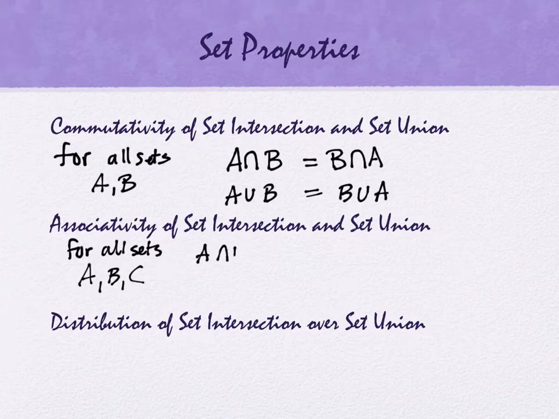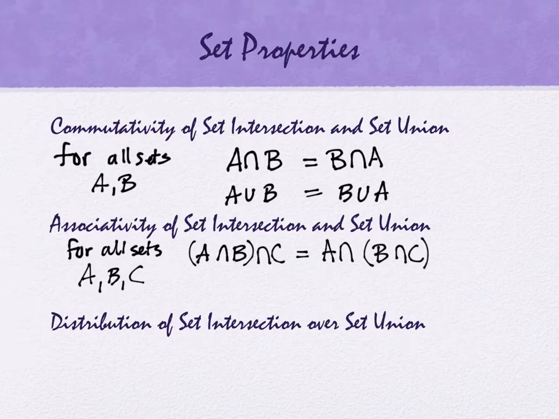If we have A intersect B, and then we intersect it with set C, that's the same thing as first intersecting B and C, and then intersecting it with A. And I know we haven't intersected 3 sets yet. We will in a moment. But it looks, again, kind of like those overlapping rings, but with 3 rings. And the overlapping region for all 3 is the dead center of 3 rings.